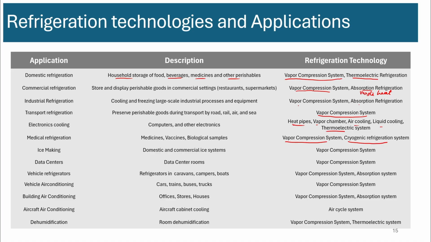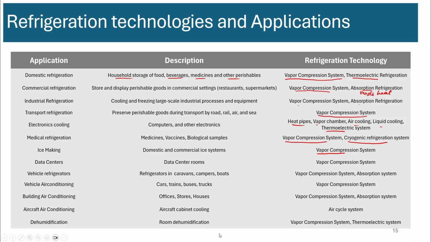Ice making. You've seen a lot of ice makers in stores and restaurants. There are some small ice makers that could be used in houses. Almost all of them work on the principle of vapor compression. Okay, and you can see a lot of other applications here.